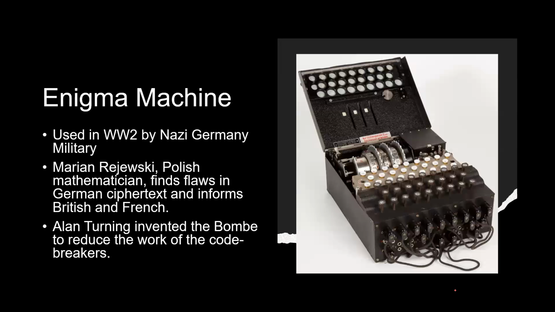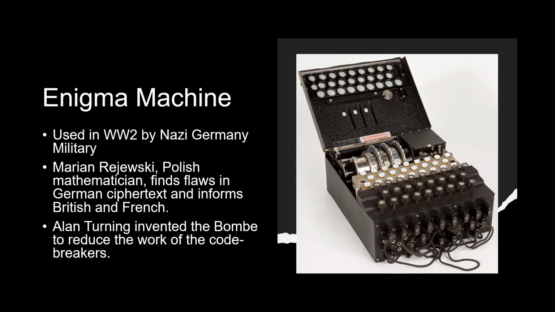Aside from that, we can go back as well to the Enigma machine, which was pretty revolutionary at the time. This machine was used in World War II by the Nazi German military, and Marian Rejewski, a Polish mathematician, found flaws in the German ciphertext and informed the British and French.